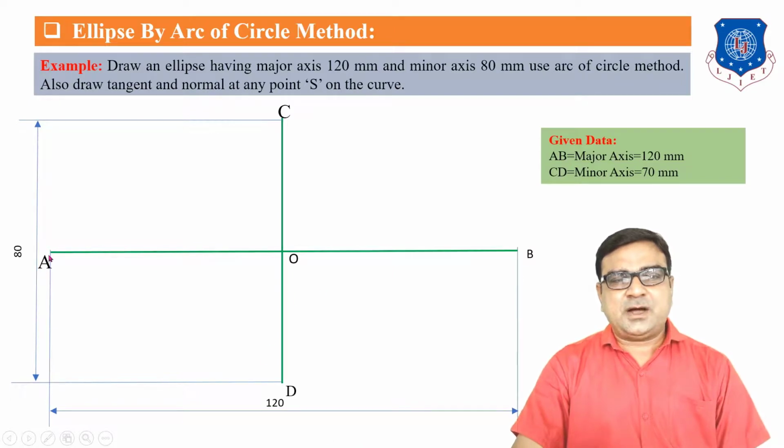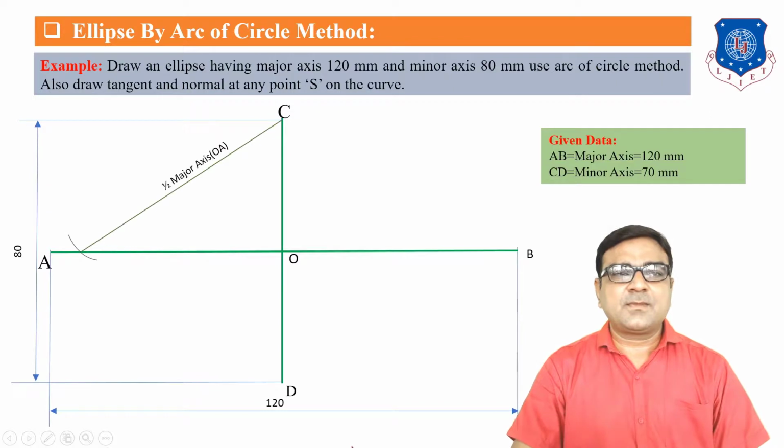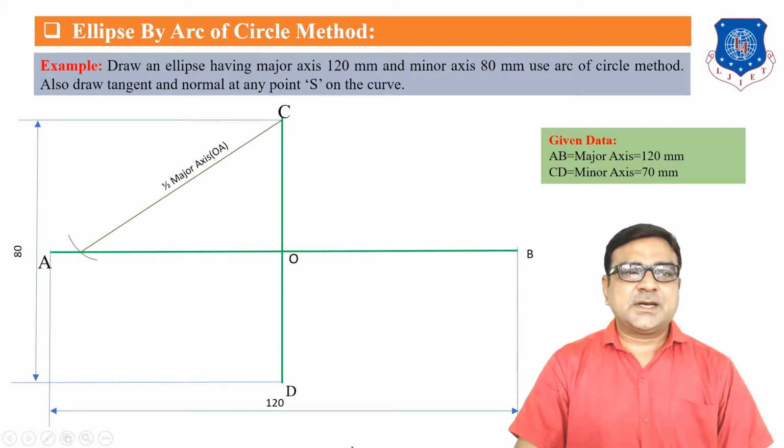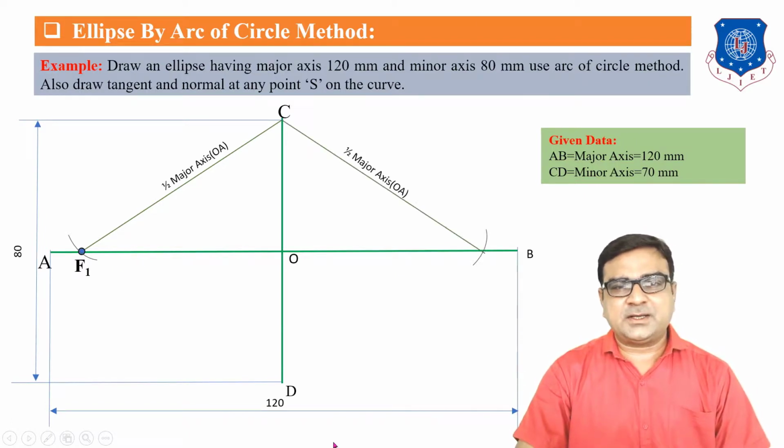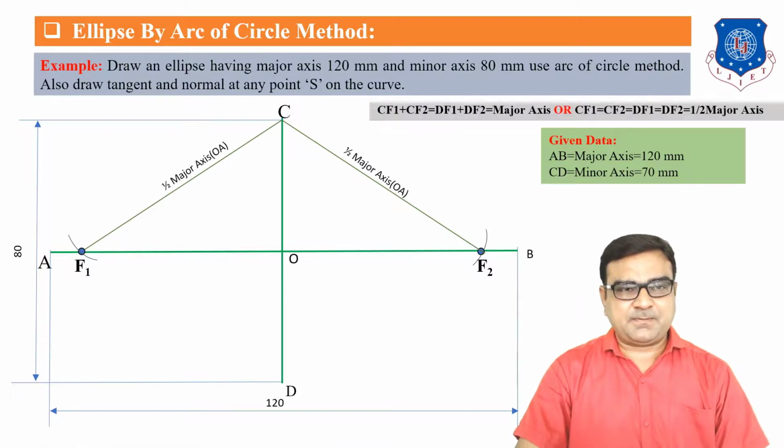Half of the major axis is AO. So AO is equal to CF1 and also CF2. So taking half of the major axis OA as radius and C as center, draw an arc on the major axis. This is F1, one focus point, and the other, F2, is also half of the major axis from C. This is the equation.